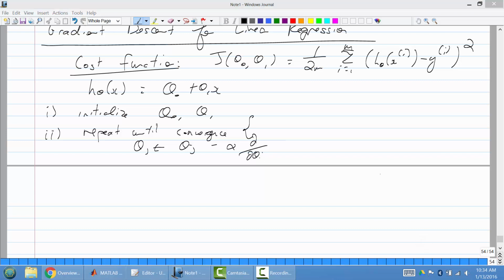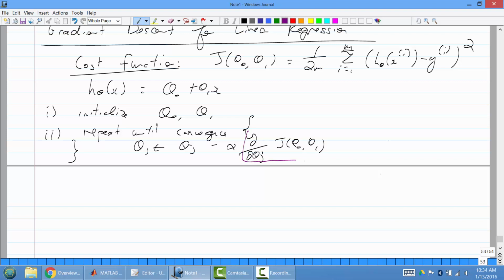All right, so here, and then, okay? So now we got to figure out what this term is. Okay, so let's go ahead and do that. All right, so this is for j equal to 0 and 1. Okay. All right, so we got to define what this is.